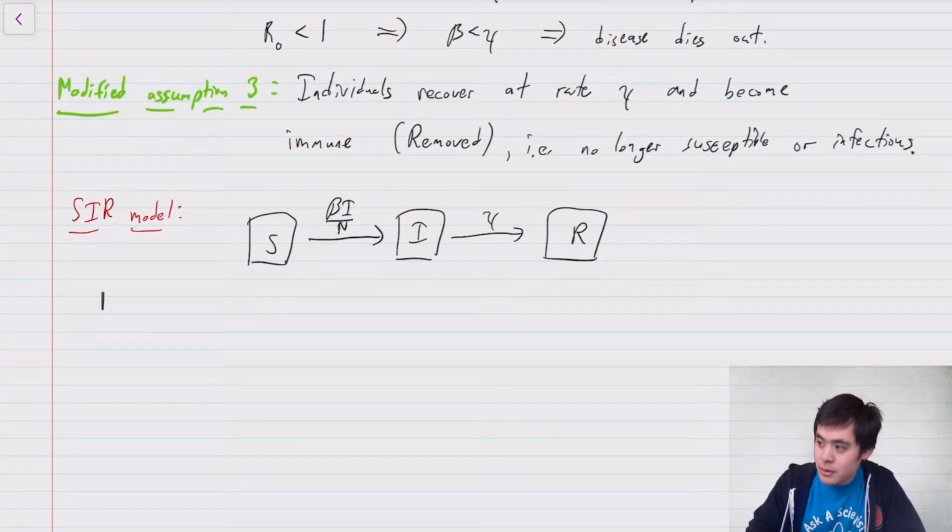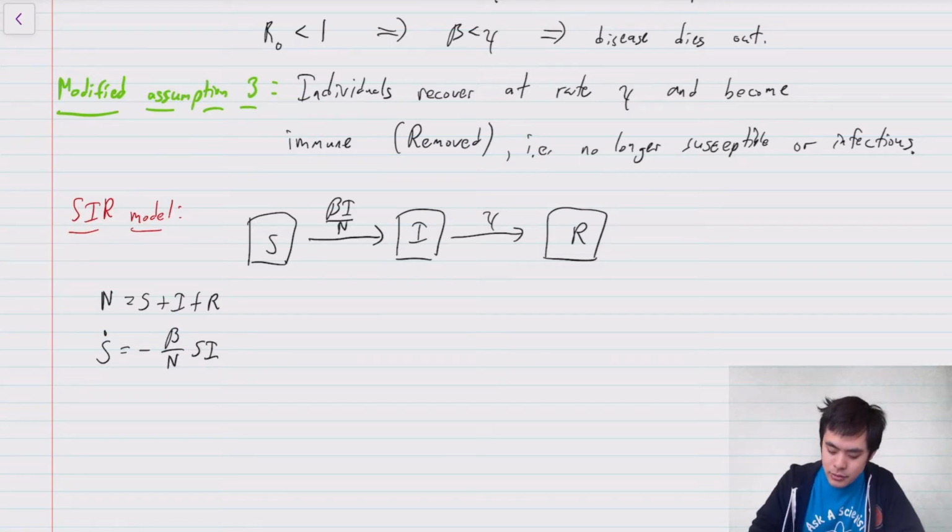And so we can write this as a system of differential equations. We get N is equal to S plus I plus R, and these are all functions of t. And we get S dot is equal to minus beta over N SI. We get I dot is equal to beta over N SI minus gamma I, which we can rewrite, and this will be helpful a little bit, as I times (beta over N S minus gamma).